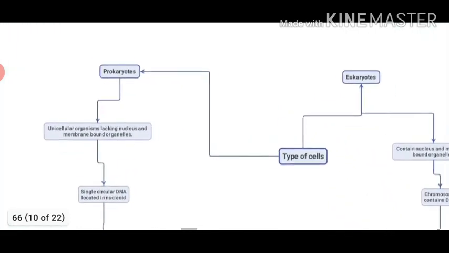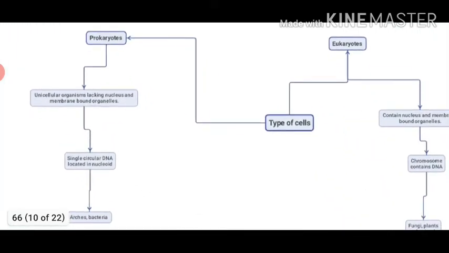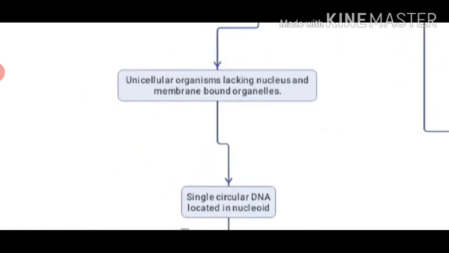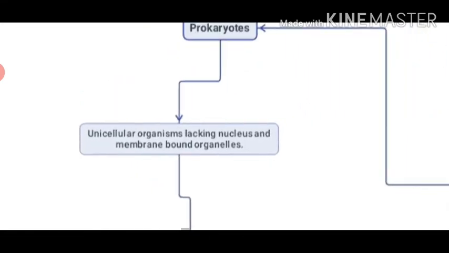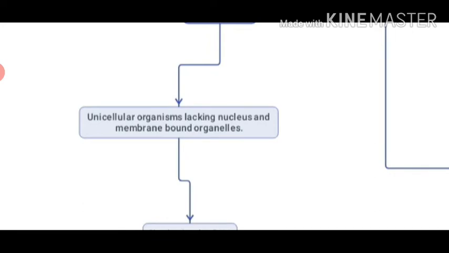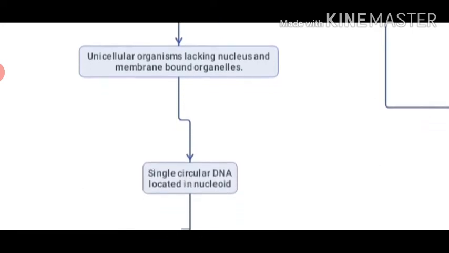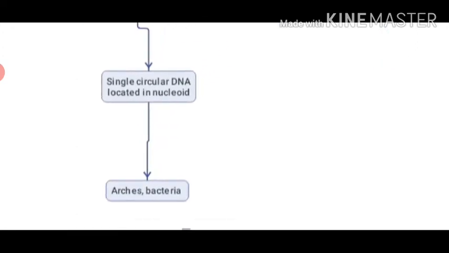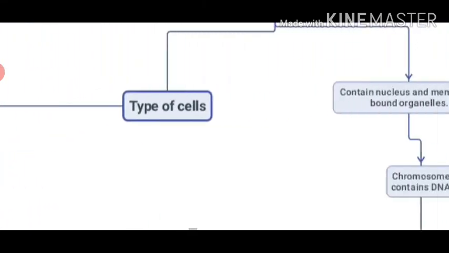We will study types of cells. There are two types of cells, prokaryotes and eukaryotes. Prokaryotes are unicellular organisms lacking a nucleus and membrane-bound organelles. A single circular piece of DNA is located in an area known as the nucleoid. Examples are archaea and bacteria.